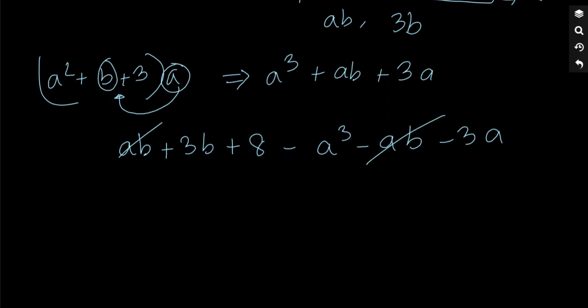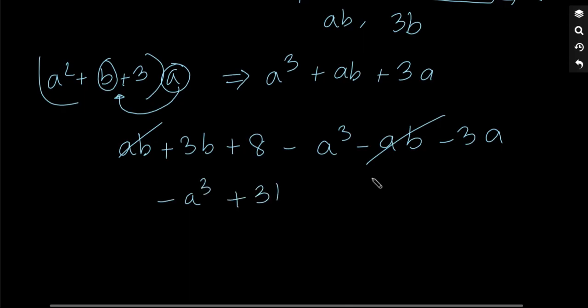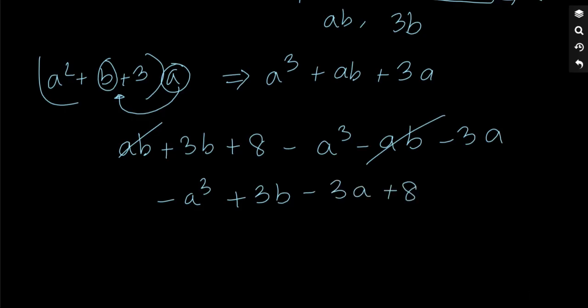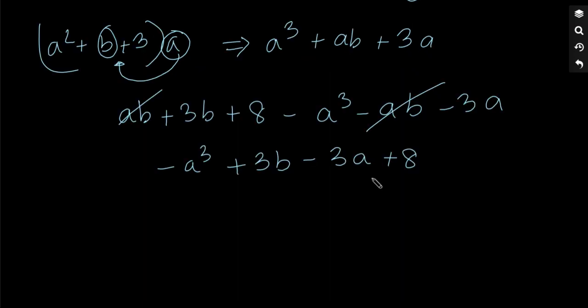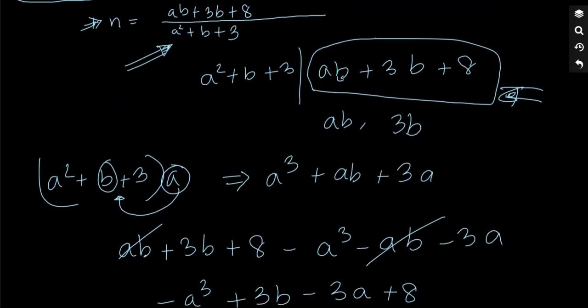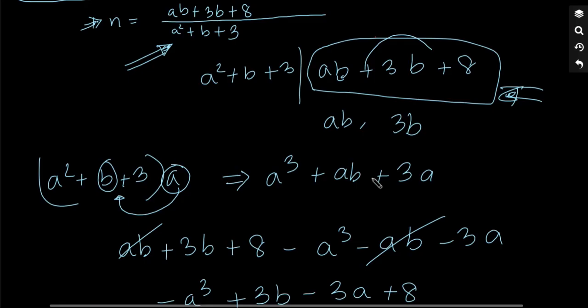So what we get at last is minus a cube plus 3b minus 3a plus 8. What do I do next? There is another term, 3b.